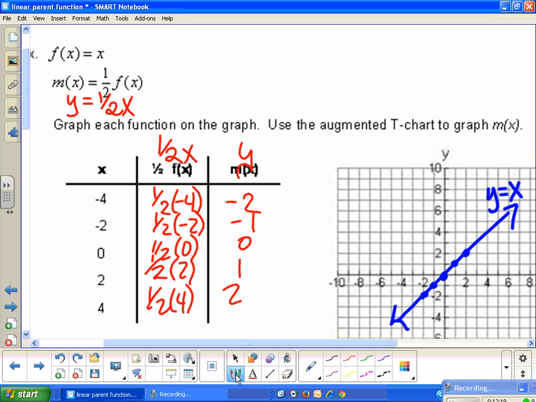Okay, so we want to plot our points. -4, -2. -2, -1. 0, 0. 3, 1. 4, 2.